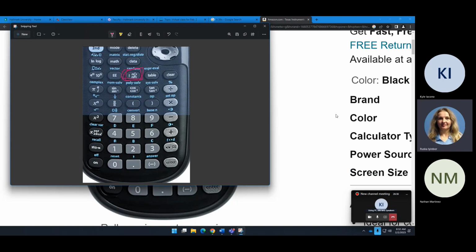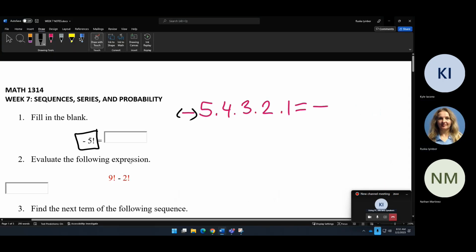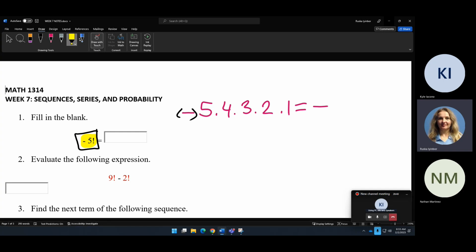Now you do negative 5 factorial. It has to look exactly like the way it's on the paper here. This is what you enter in the calculator, negative 5 factorial. Now, what do you get? Negative 120? Yes, that's right.